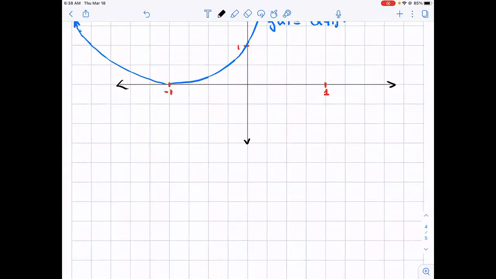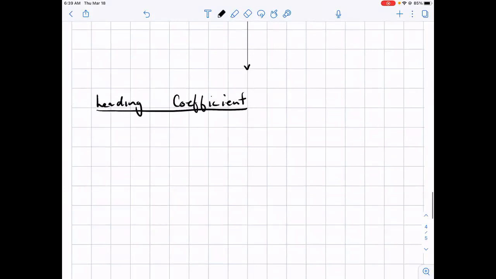So let's look at the leading coefficients now. So what do we mean by the leading coefficient? Now, if I give you f of x is equal to x squared, the leading coefficient here is 1.